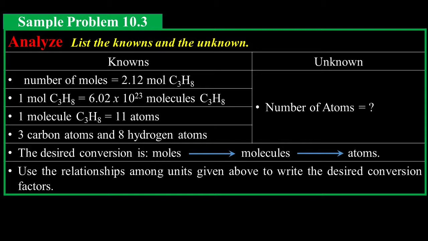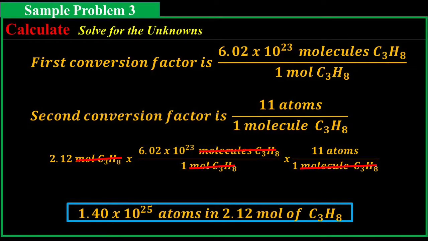The desired conversion is moles to molecules, molecules to atoms, and then we want to know the unknown, the number of atoms. The first conversion factor is 6.02 times 10 to the 23rd molecules of propane over 1 mole of propane. The second conversion is 11 atoms per 1 molecule of propane.